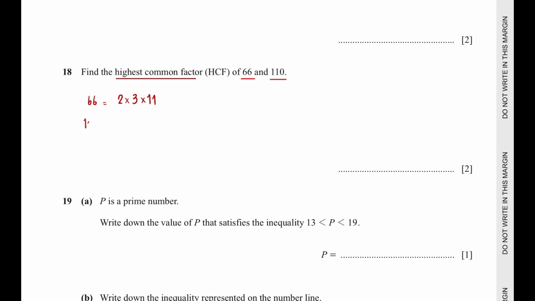For 110, it is equal to 2 times 55, and 55 equals 5 times 11. So in this case, the highest common factor of 66 and 110 will be equal to 2 times 11, which is equal to 22.